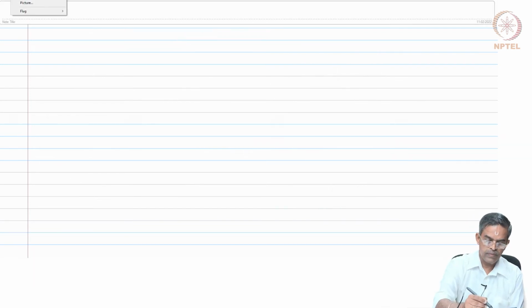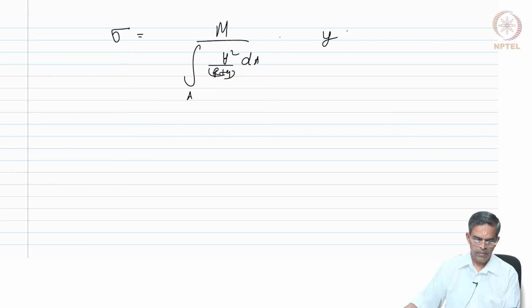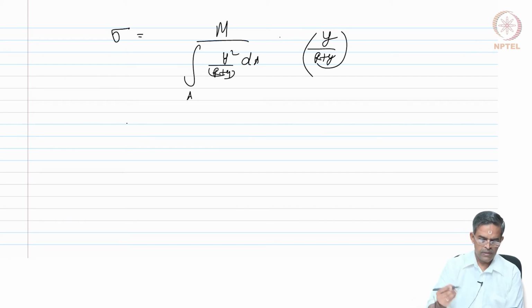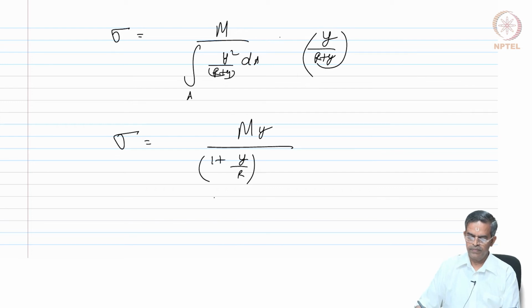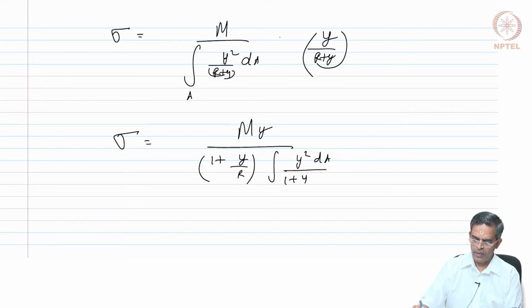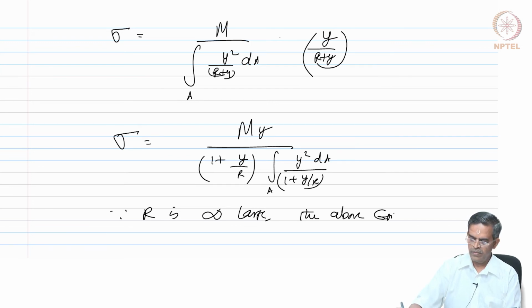Okay, which means stress is M by integral y square by r plus y dA into y by r plus y, which means stress is My by 1 plus y by r of integral y square dA by 1 plus y by r for the area A. Now, since r is infinitely large, the above expression will now reduce to the following form.